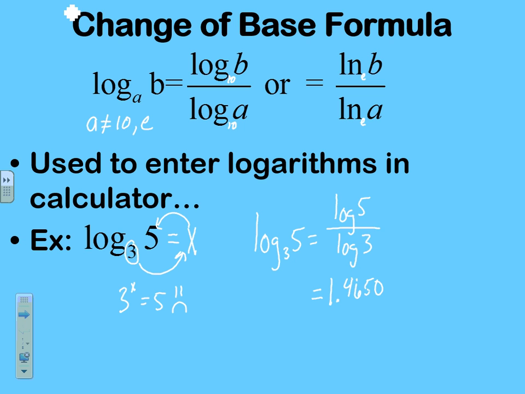We could write out the whole thing, but we have to round it at some point. So this is the numerical equivalent of log base 3 of 5. And that is really all there is to it.